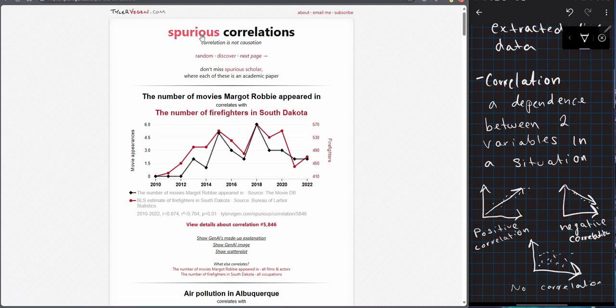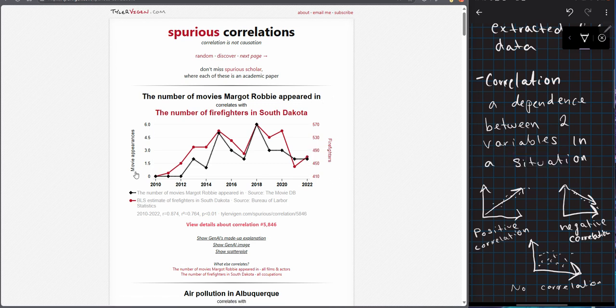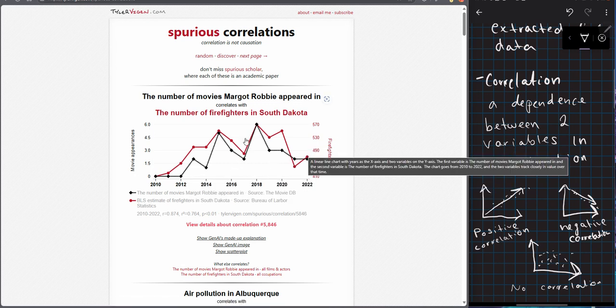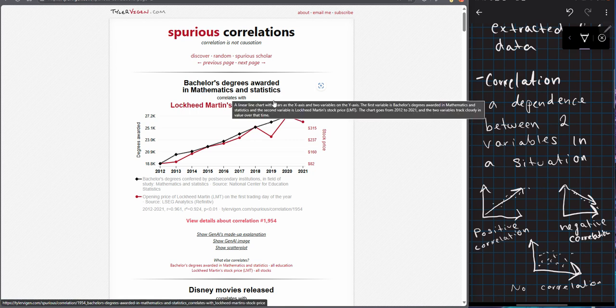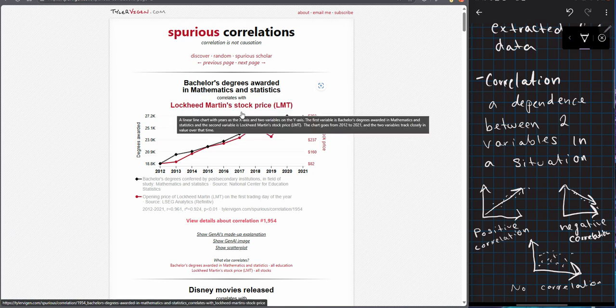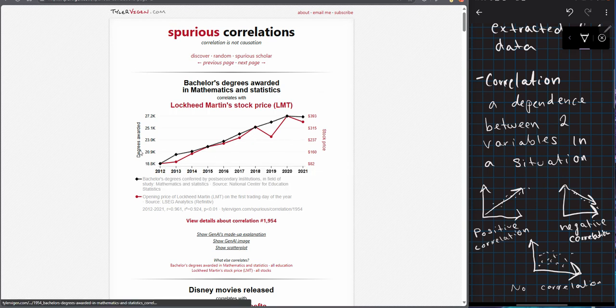It's like a dependence on two things. Next page, bachelor degrees in mathematics and a stock price, and they have the exact same correlation. Would this be positive or negative? It's going up, so it's positive.